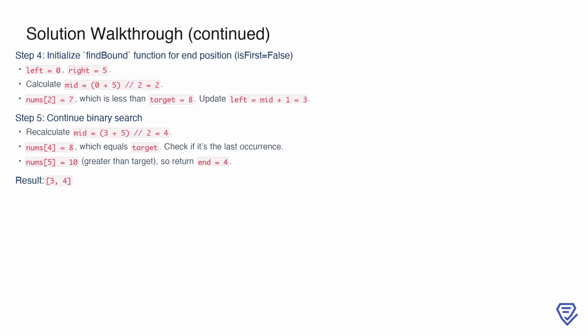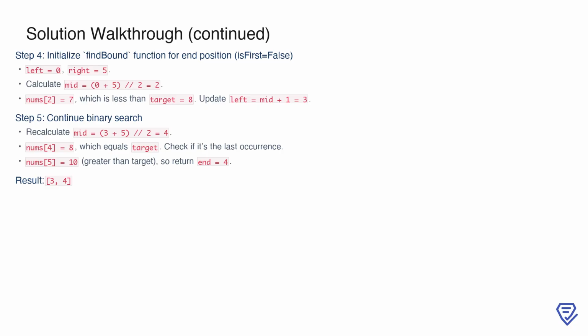Recalculating mid as 4 gives nums[4] equals 8, which matches the target. To check if it's the last occurrence, we look at nums[5] equals 10. Since 10 is greater than the target, it confirms that nums[4] is the last occurrence. We return end equals 4. Combining the results for start and end positions, we have [3, 4] as the range where the target appears in the array.